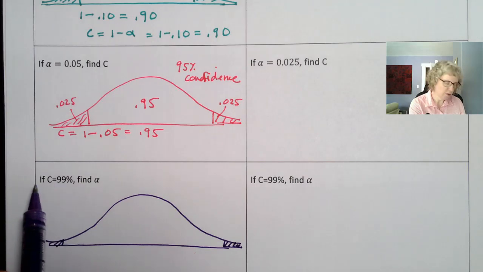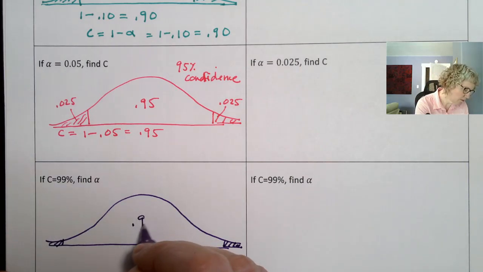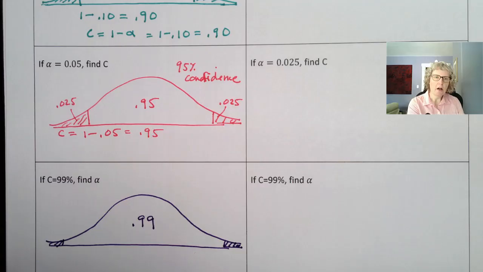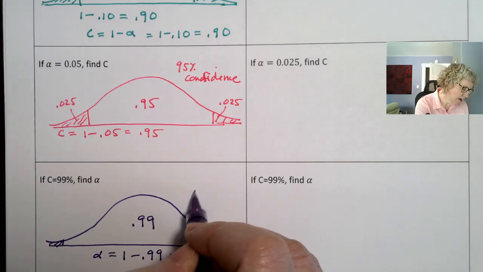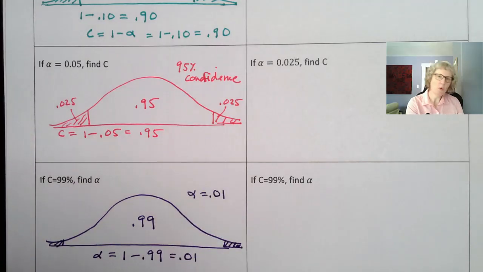If it's a 99% confidence interval, what alpha would that correspond to? So that would mean these two tails would have to add up to 1%, right? So alpha would be 1 minus 0.99, which is 0.01. So our alpha would be 0.01.